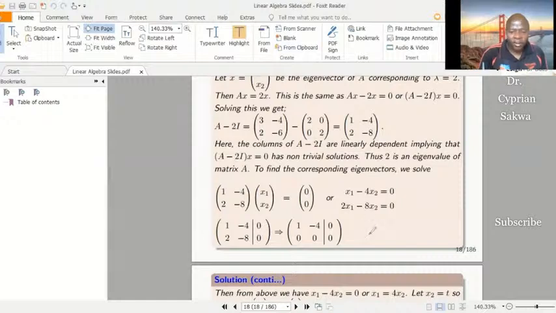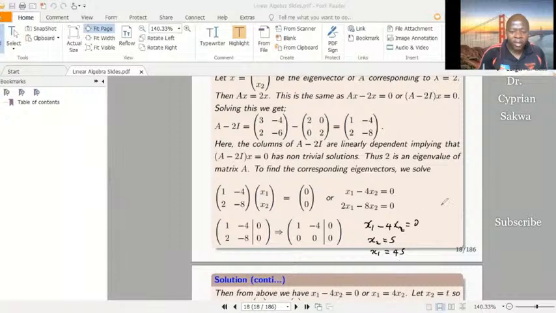What we then get is x1 minus 4x2 equals 0. x2 is a free variable, call it s. That means x1 will be 4x2, but x2 is s.